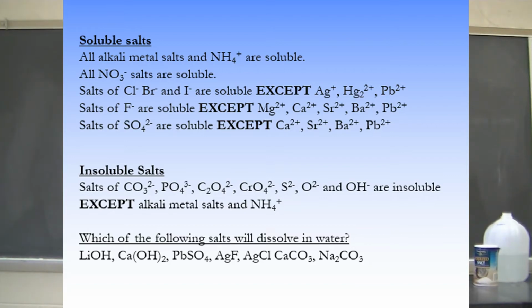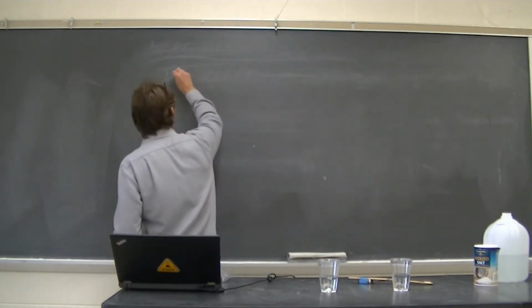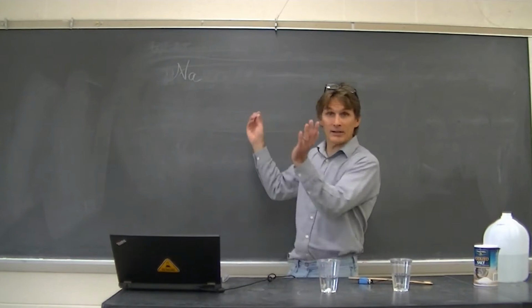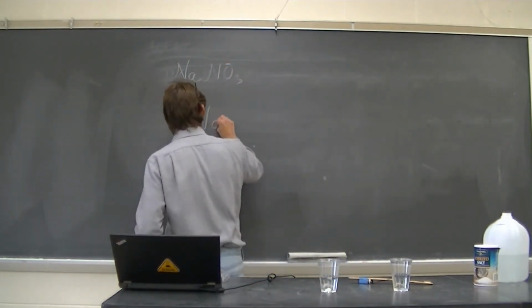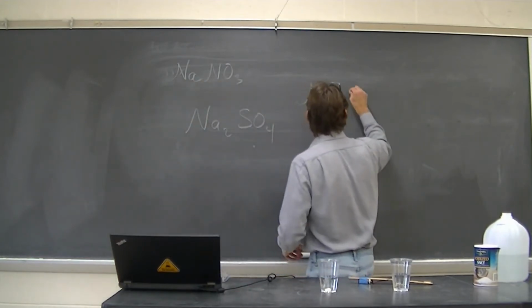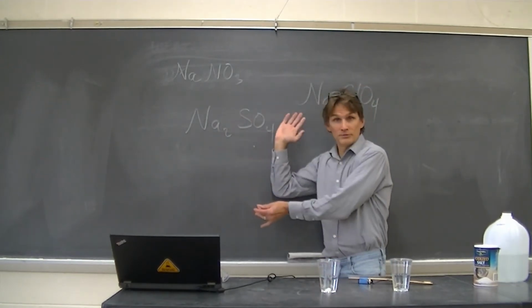All alkali metal salts are soluble. What does that mean? Well, that means if I have sodium as a cation, and anything else as an anion, I could have sodium nitrate, sodium sulfate, or sodium perchlorate. These are all going to dissolve. Why?